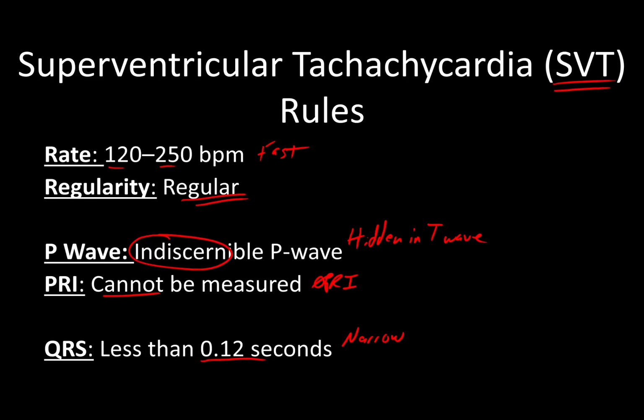Now, the thing that I would add to these rules with your advanced arrhythmia is that your QRS might actually be wider, because you have aberrant conduction.